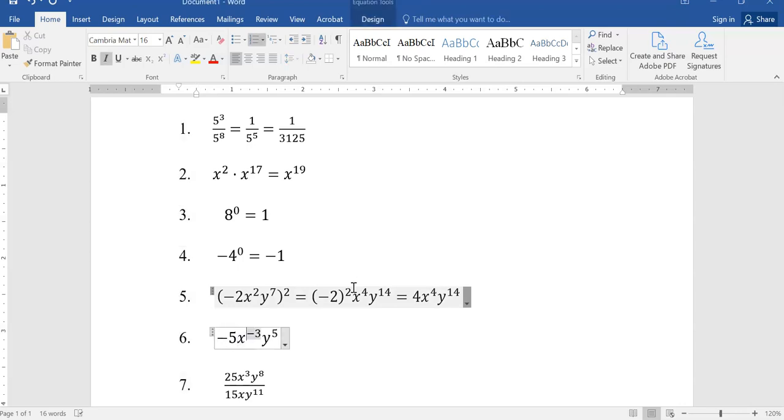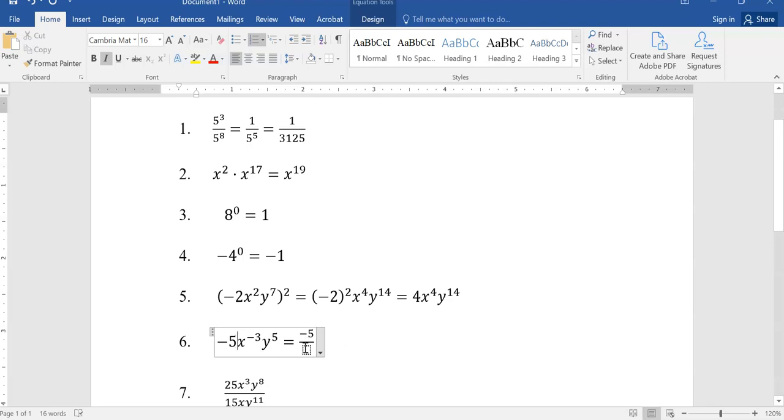Number 6, we're supposed to put everything with a positive exponent. Now, in this situation, remember, positive exponent is the key. Negative 5 has an exponent of 1. Therefore, if I write this all as one big fraction, negative 5 goes in the numerator because, again, it has an implied 1 as an exponent.